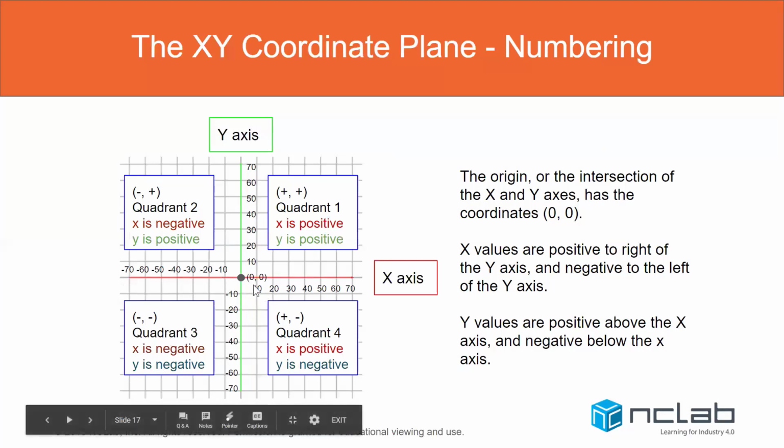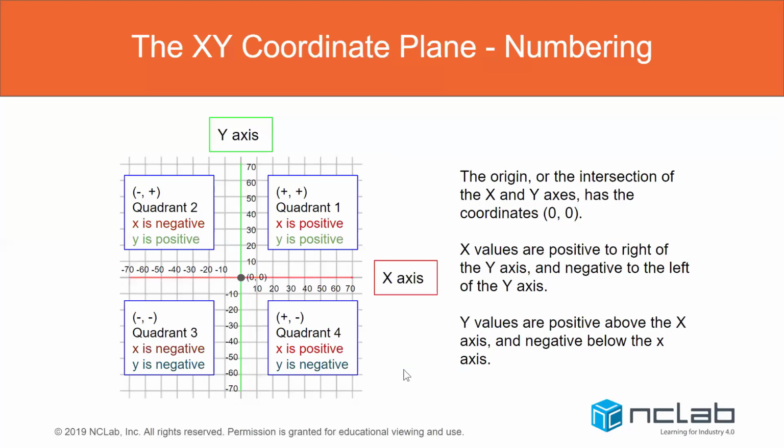And in this quadrant, we're going to have positive x and negative y. This is important when you get into the robotics part of the course, when you're moving the turtle around for different purposes. But it's good to get this nomenclature correct and understand how the numbers work on the XY coordinate plane.